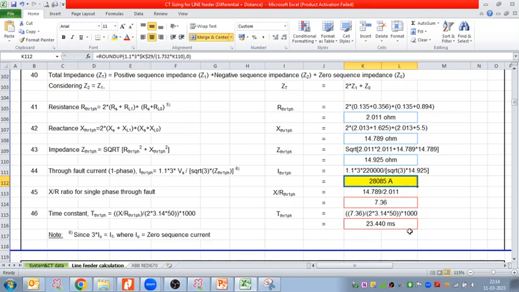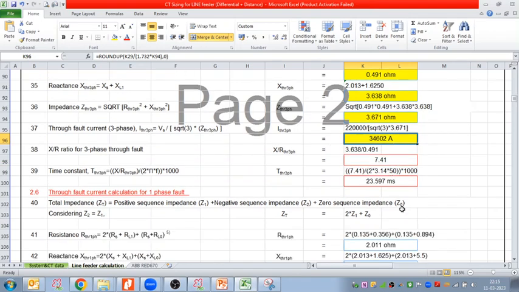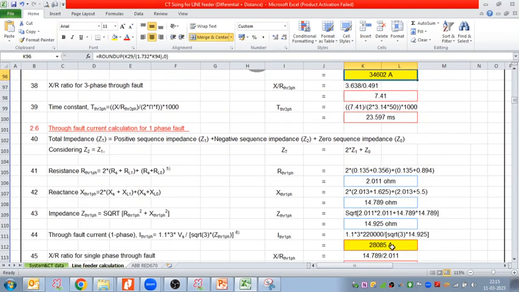So what I wanted to tell, comparing both cases, is that when you are doing the calculations, if you go with only the three phase fault current, that is also enough and sufficient, right? So here you need to take your three phase fault current value. The single phase fault current, if you want, you can avoid also.